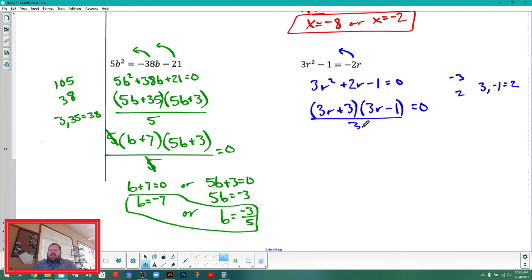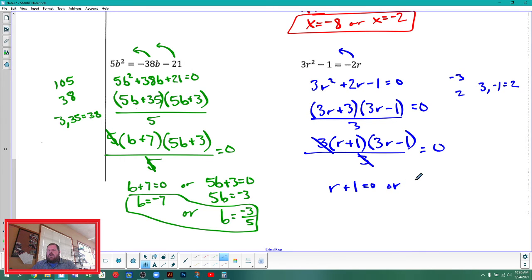And that's off by a factor of 3. The common factor of 3 is in this set of parentheses. So r plus 1 times 3r minus 1 divided by 3. Those 3's cancel, and that equals 0 by setting r plus 1 equal to 0, or 3r minus 1 equal to 0.